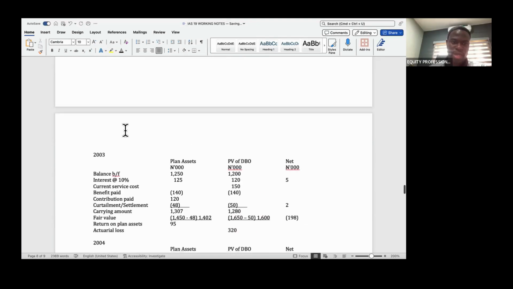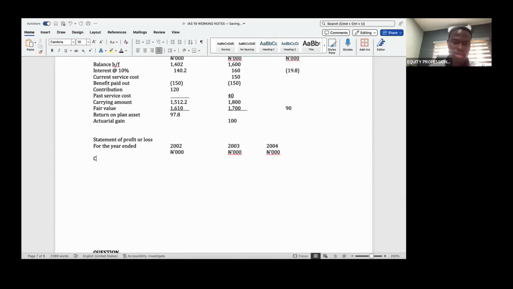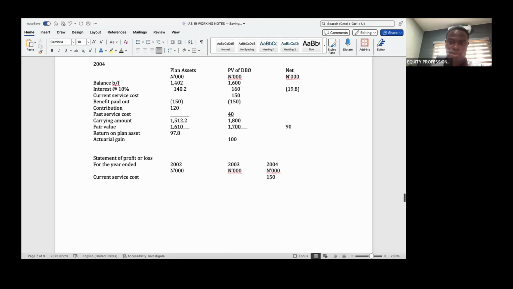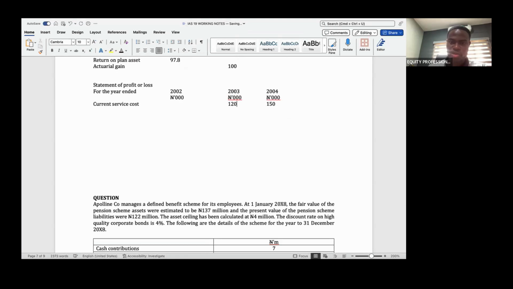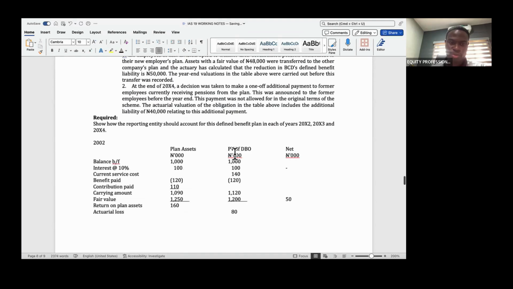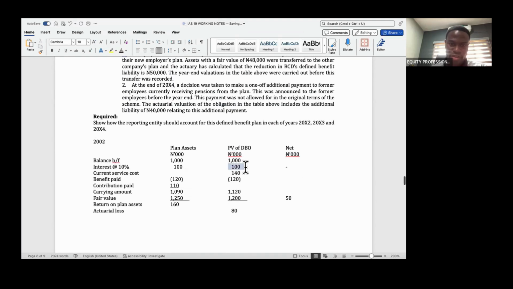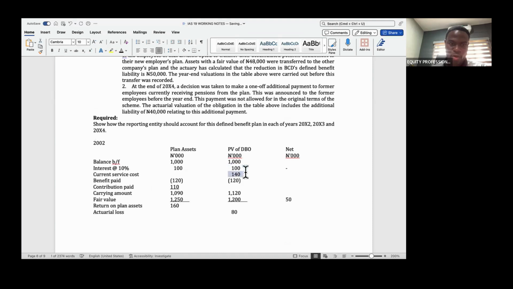So my current service costs, I can see immediately 2004 is 150, 2003 is 120, 2002, how much is my current service cost? 140.